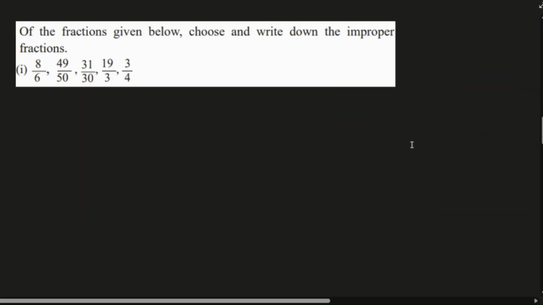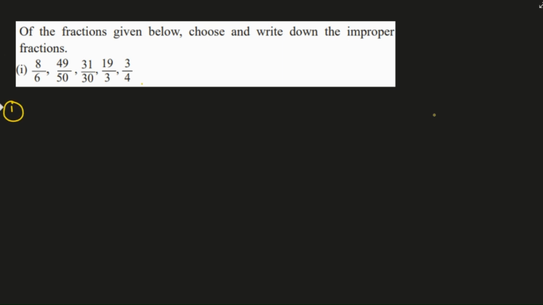Okay, now let's do some exercises. So let's go for the first question. Of the fractions given below, choose and write down the improper fractions. Okay, what is the first one? First one is 8 upon 6. Write down the improper fractions. The fractions should be improper.